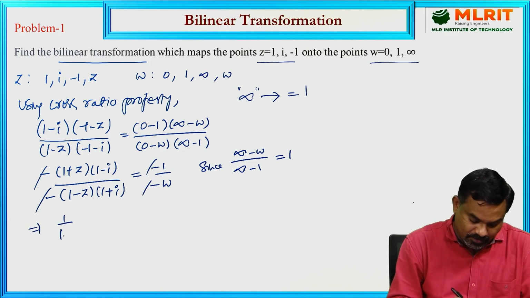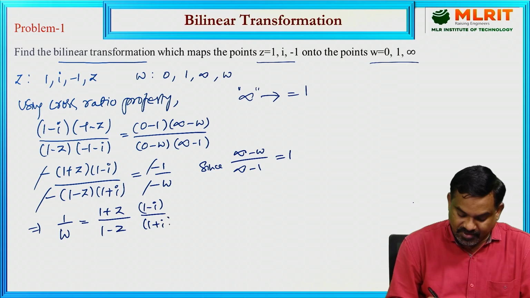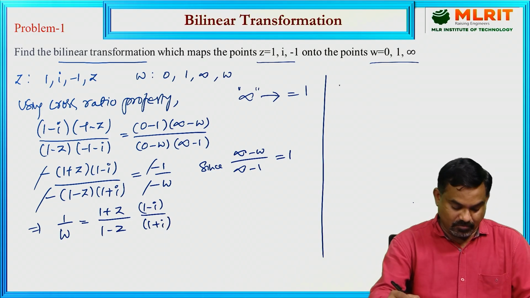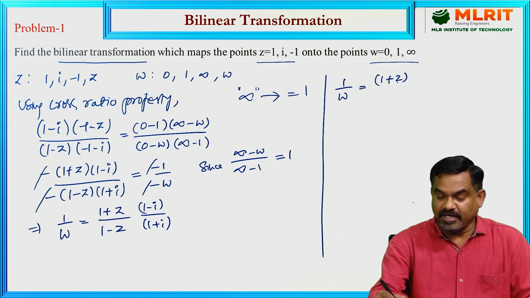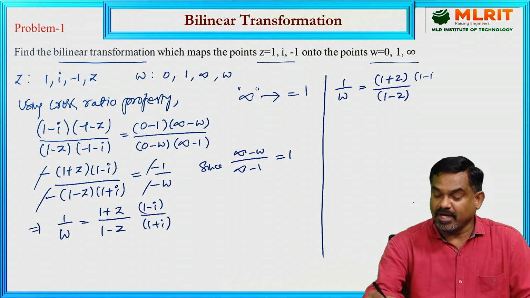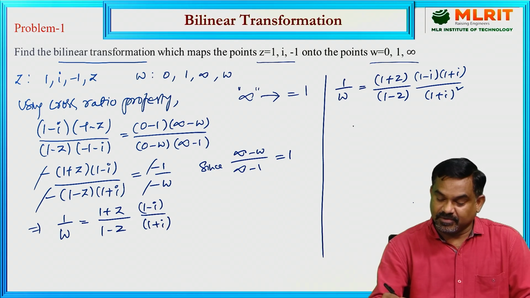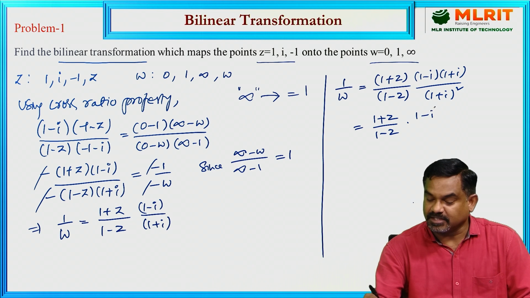So 1 by W equal to (1 plus z) by (1 minus z) into (1 minus i) by (1 plus i). Now let us multiply and divide the numerator and denominator with this (1 plus i). So (1 minus i) into (1 plus i) by (1 plus i) whole square, which is (1 plus z) by (1 minus z) into (1 minus i square) by (1 plus i square plus 2i).